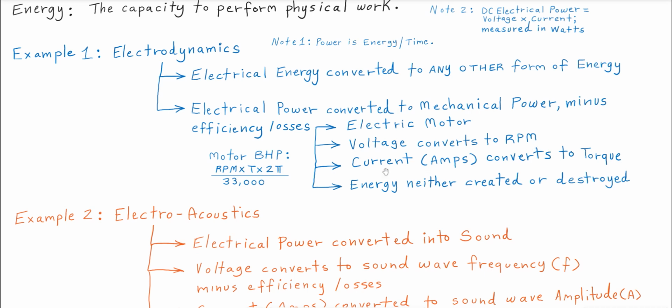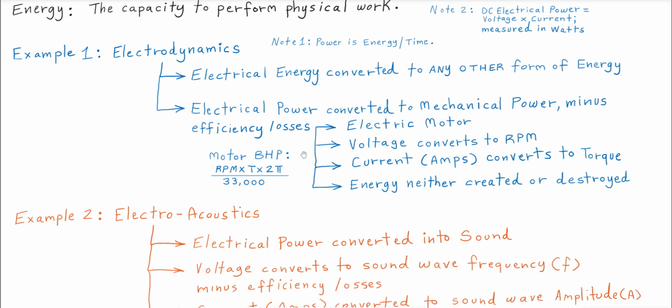And the current, how much or how many electrons go through that circuit, the cross-sectional area of the wiring would be the current or amperes. So that's the quote-unquote electrical pressure that converts into the torque at the motor.